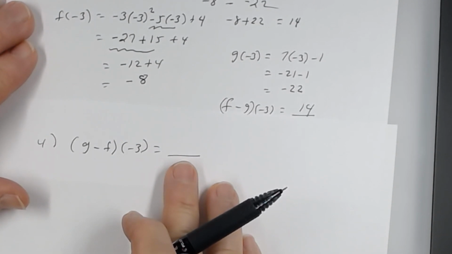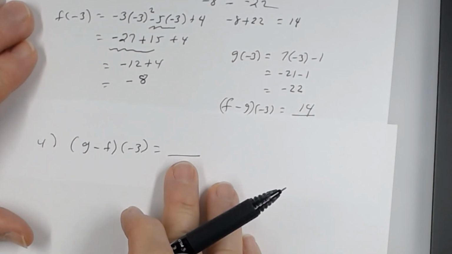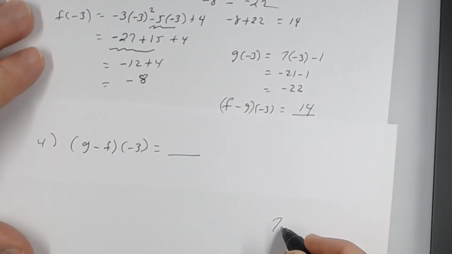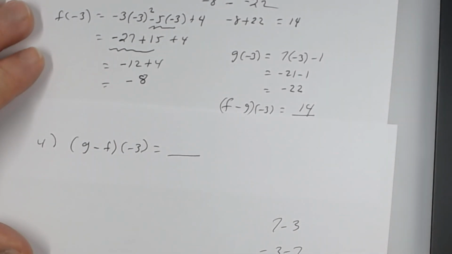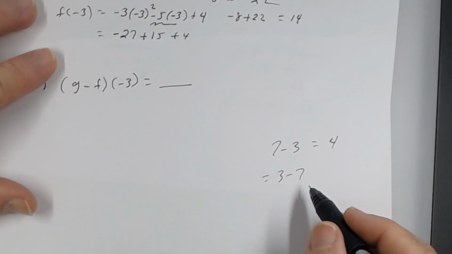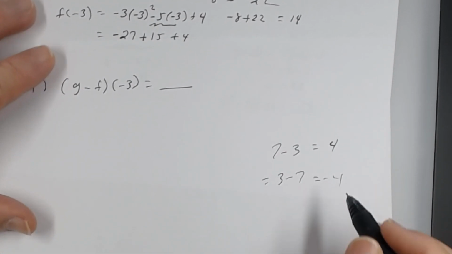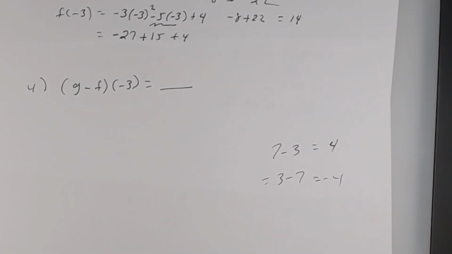Because subtraction is not commutative. You remember that? Is 7 minus 3 the same as 3 minus 7? No, it's not. What's 7 minus 3? 4. What's 3 minus 7? Negative 4. It is not commutative.